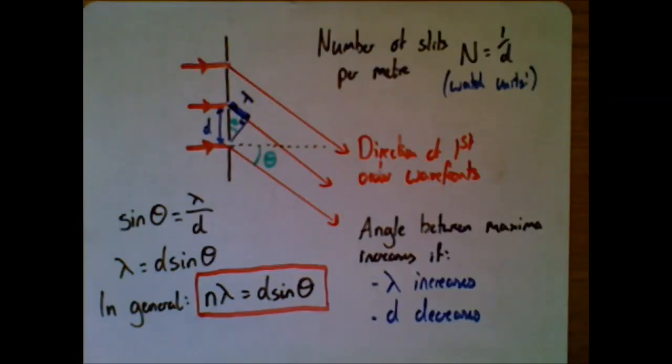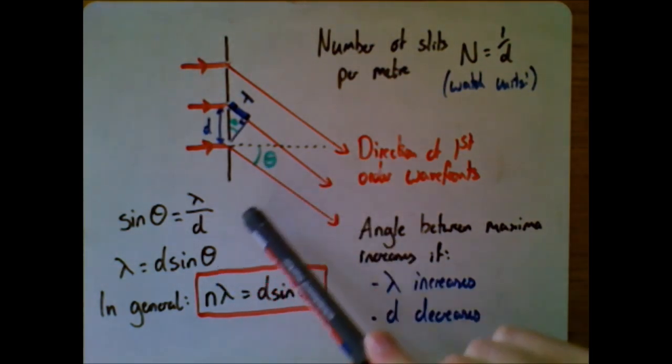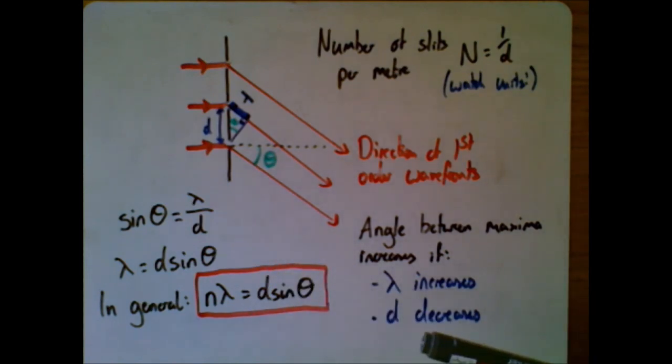Right. A common question also is, it will say, what is the maximum order you could see, or how many maxima would be visible? So to do that, all you would need to do is put theta equals 90 into your equation, because that would be the maximum possible order that could be viewed. So you put theta equals 90 degrees into your equation.